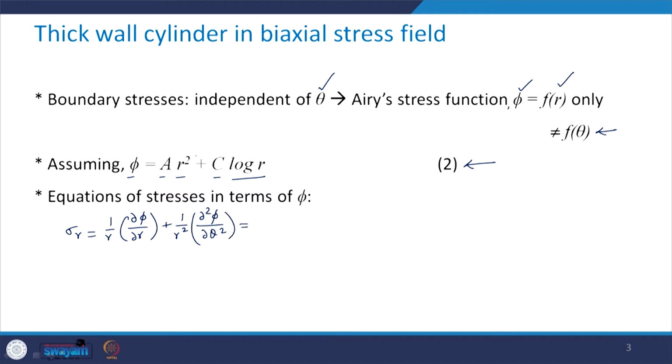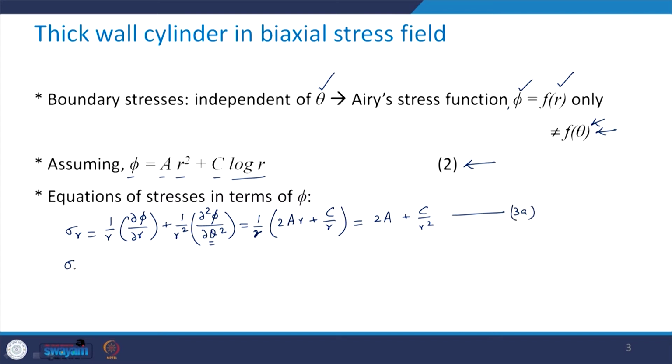Just substitute this expression for phi here. So, what you will have here is 1 upon r times 2ar plus c upon r, and the second term is the differentiation with respect to theta, and since phi is independent of theta, this term will become equal to 0. So, this is going to be 2a plus c upon r square, equation 3a.